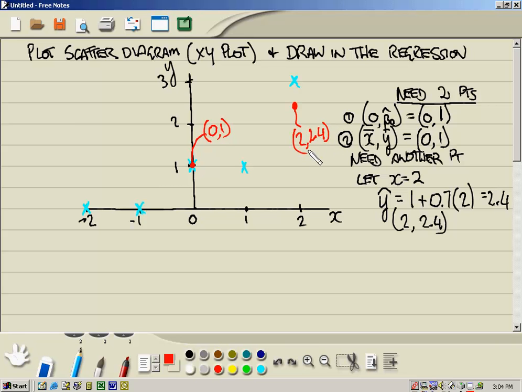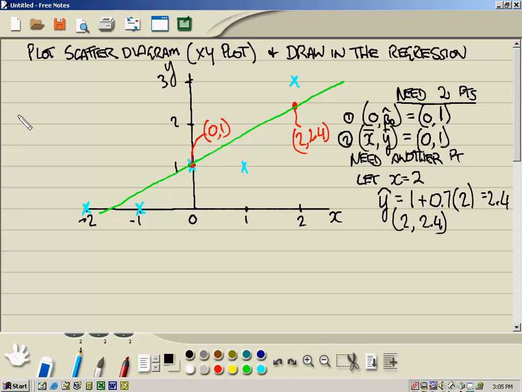Alright, and then we can draw in our equation. Here we have it. We draw a line, which is green, through our 2 points: the intercept, where x is 0 and y is beta hat 0, which is 1, and the second point that we worked out where x is 2 and y is 2.4. So this then is our equation.